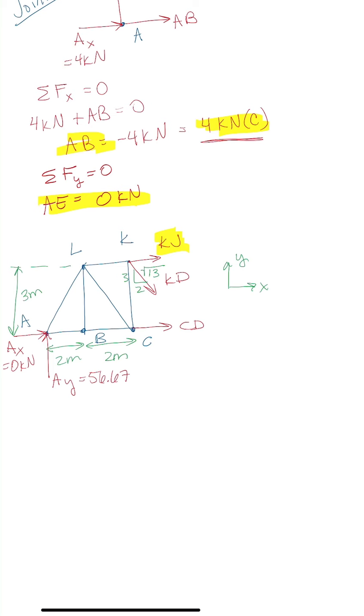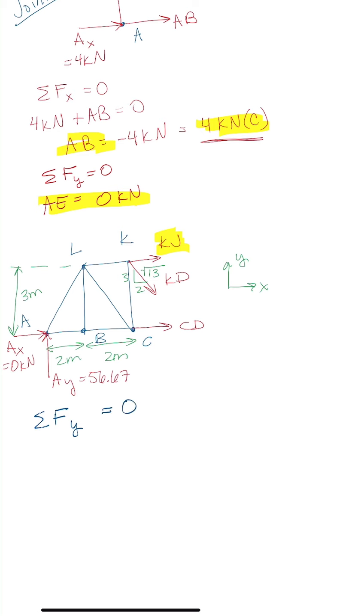So, let's see, what do we want to do here? With this one, we can sum the moments about point C, but we have two unknowns, KJ and KD. So we can also sum the forces in the y direction to get to that KD.